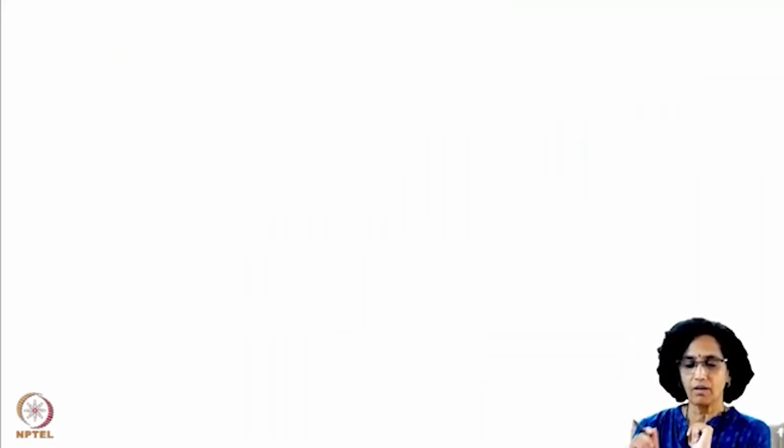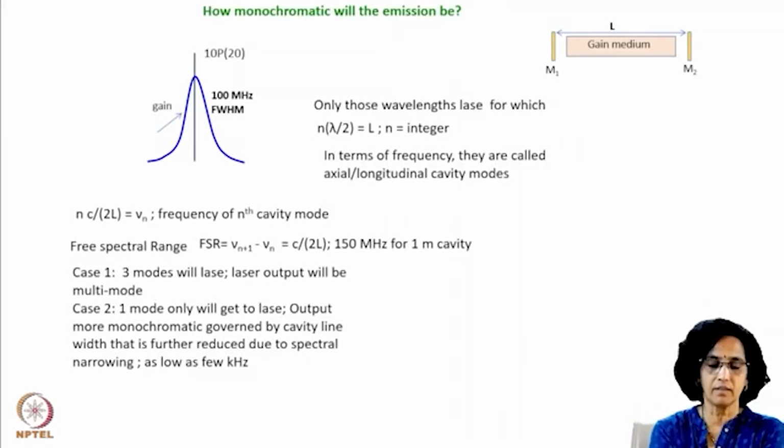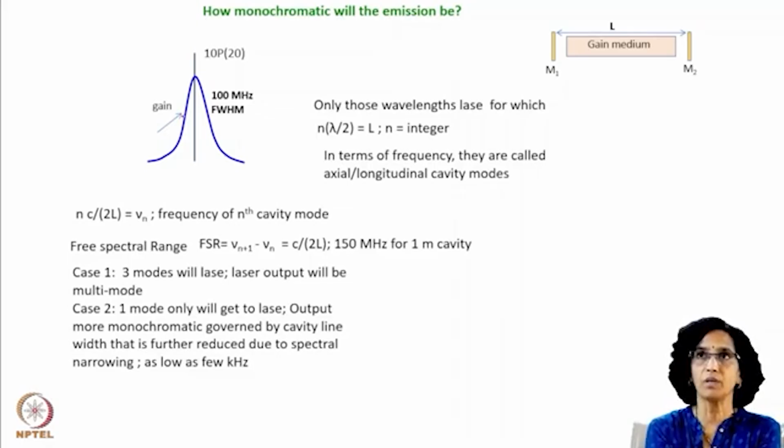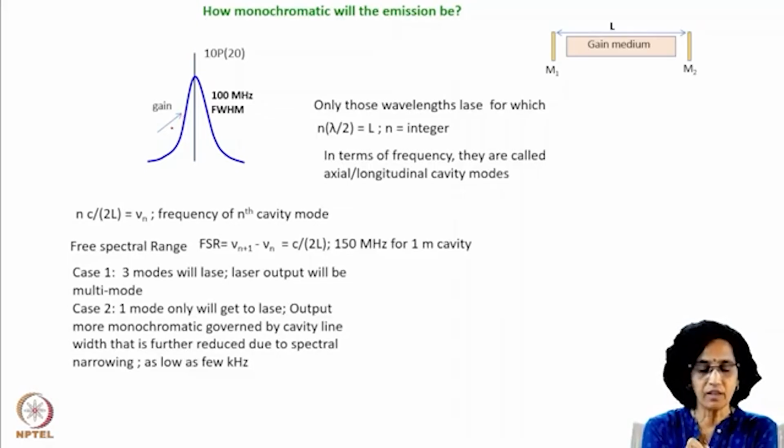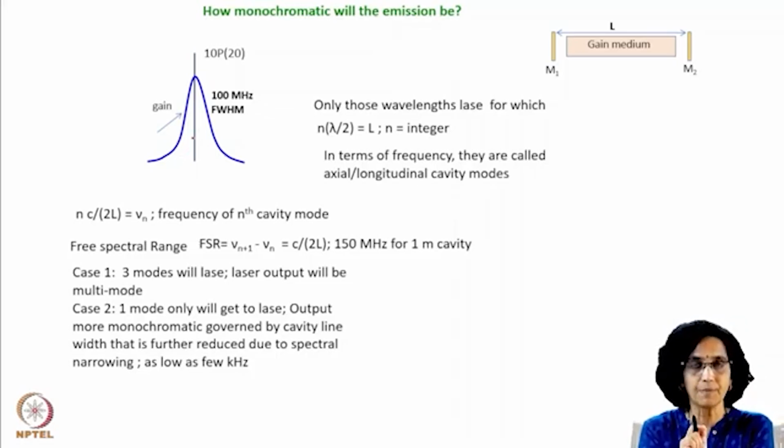Now, we have said that the total broadening is about 100 megahertz. So will lasing take place on all the frequencies under this gain curve?